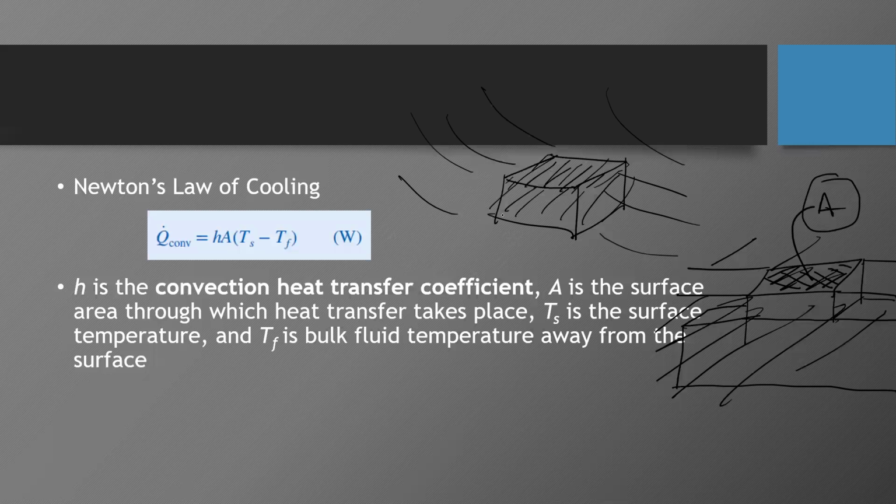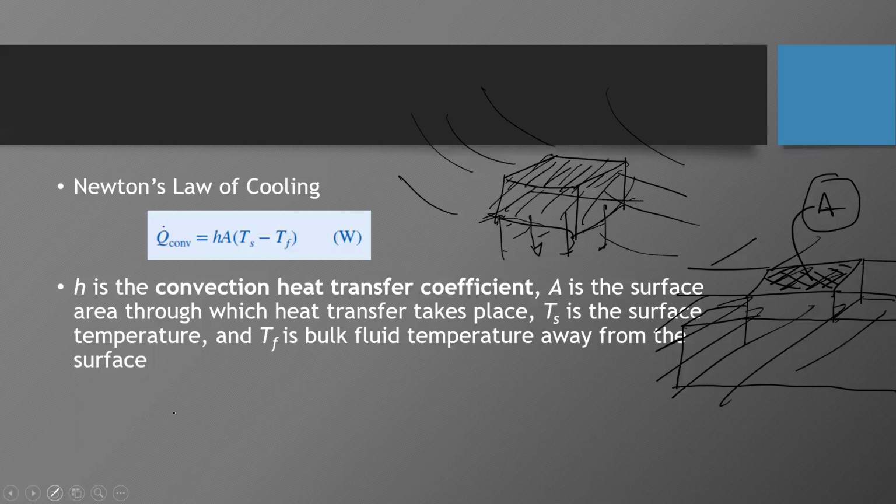So the bottom part will not count. Why? Because it is not transferring heat by convection, isn't it? Sometimes it will conduct heat to the table, so you shouldn't include that. Whatever area is exposed to convection, you should include. That is the surface area through which the heat transfer takes place.